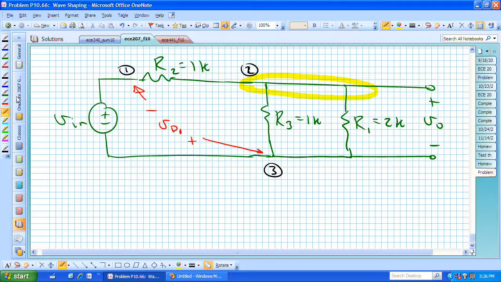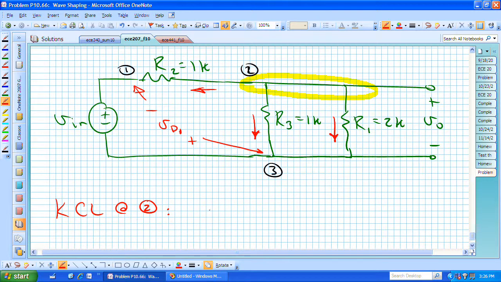We can now say, okay, let's do, or more standard maybe, KCL at node 2. We have this current, we have that current, and we have that current flowing out of node 2.